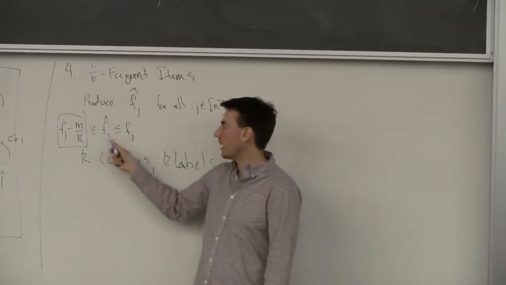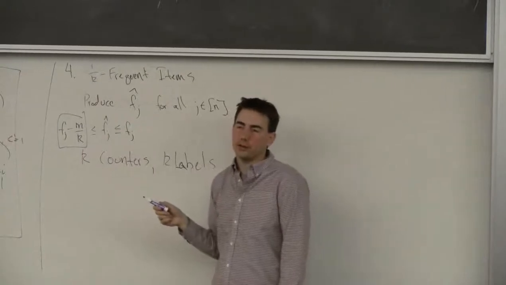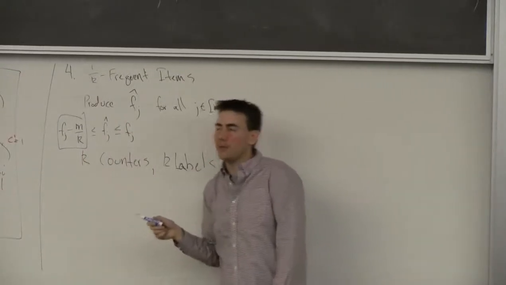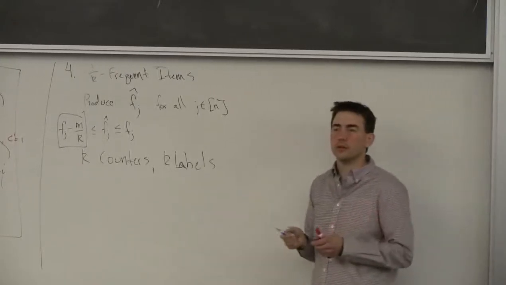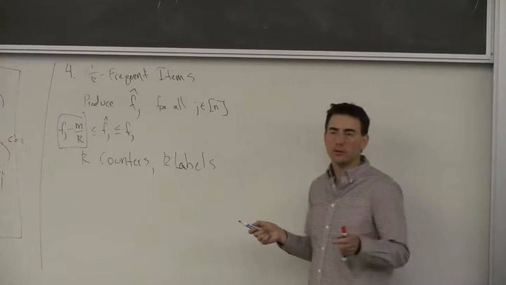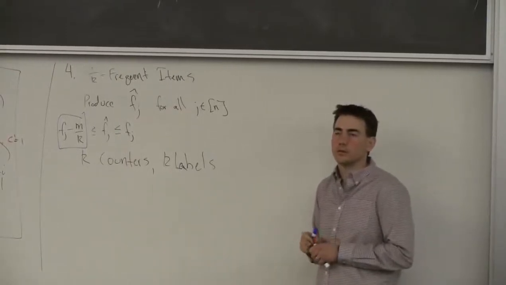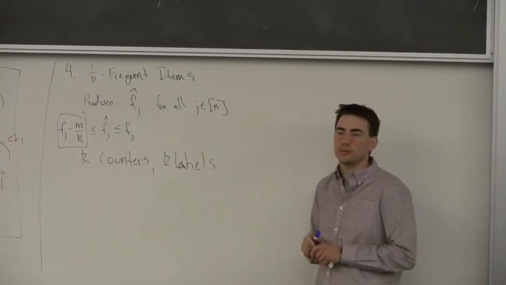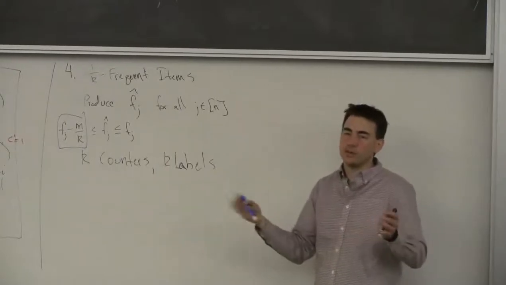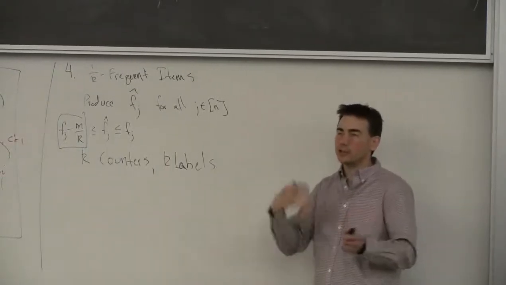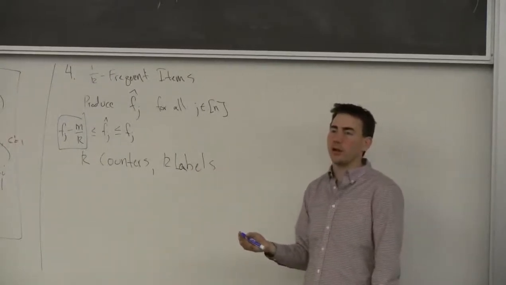I don't want to be off by more than 10% for any value. So how many different items can I have that are going to have a count greater than 10%? Yes, only 9, right? I can't have more than 10 items that each individually have more than 10% of the vote.